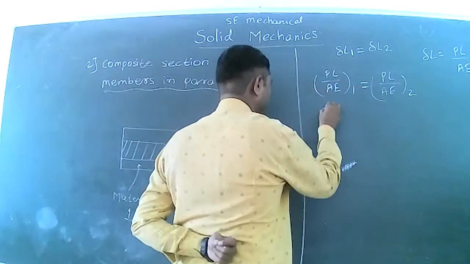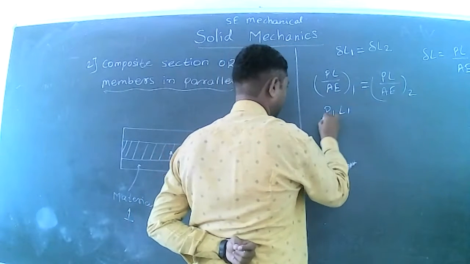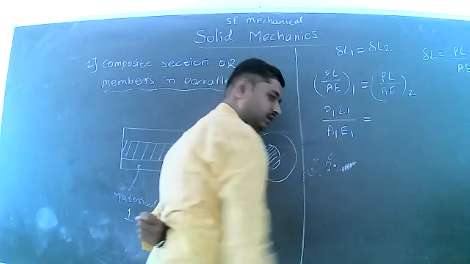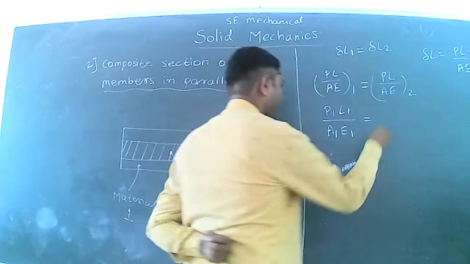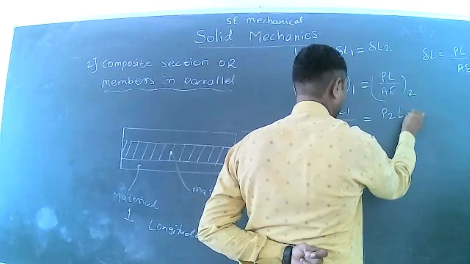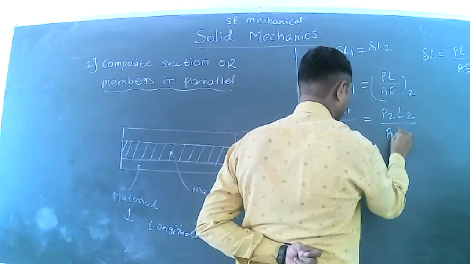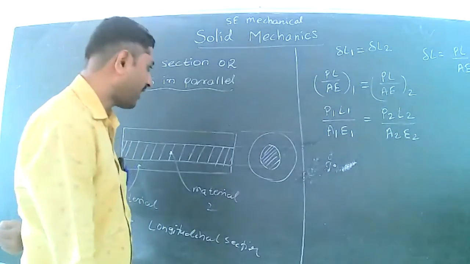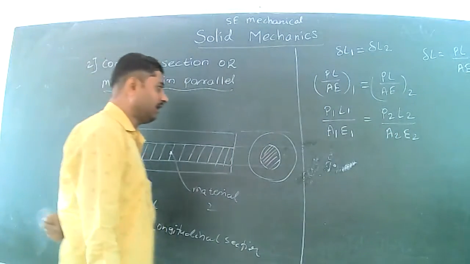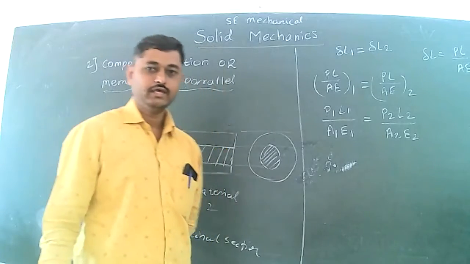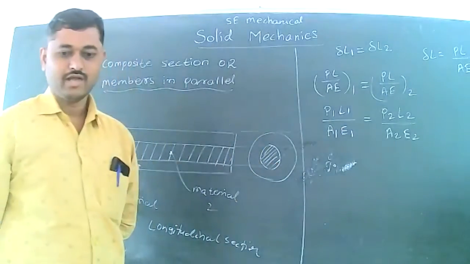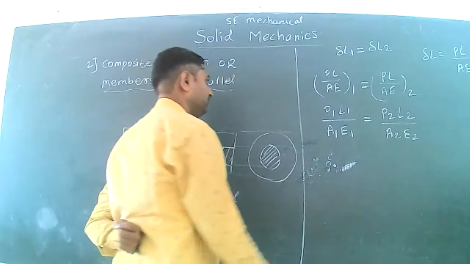That is, P1 L1 upon A1 E1 is equal to P2 L2 upon A2 E2. P is the load applied on the member, L the length of the member, A the cross section of the member, and E the modulus of elasticity of the material.